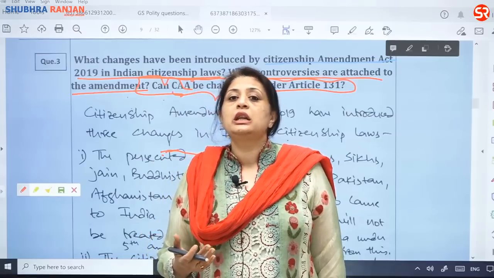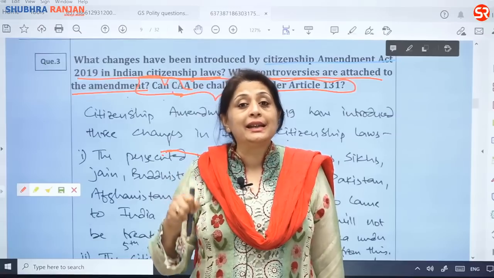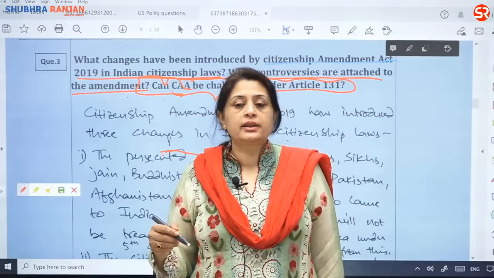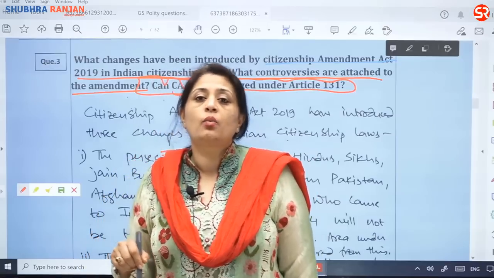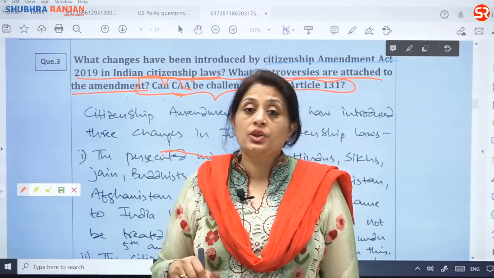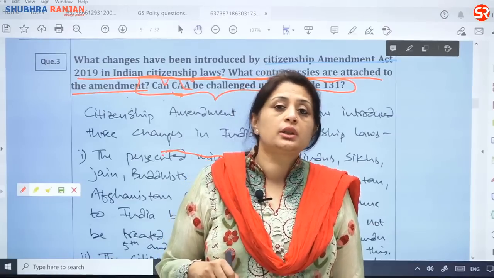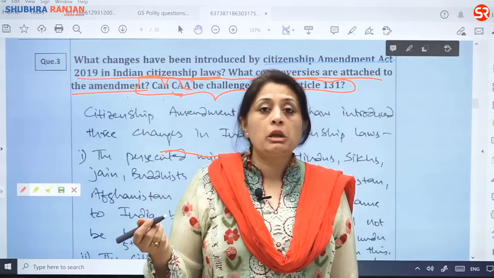And if you see, most of the articles are against the decision, and they believe that Citizenship Amendment Act violates Article 14 and secular dimension of the Constitution, and this has also been challenged in the Supreme Court.